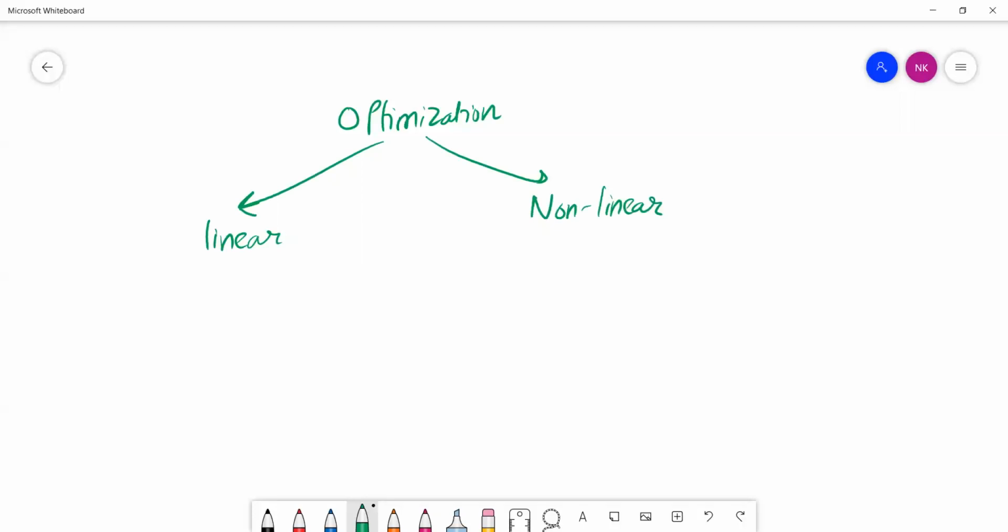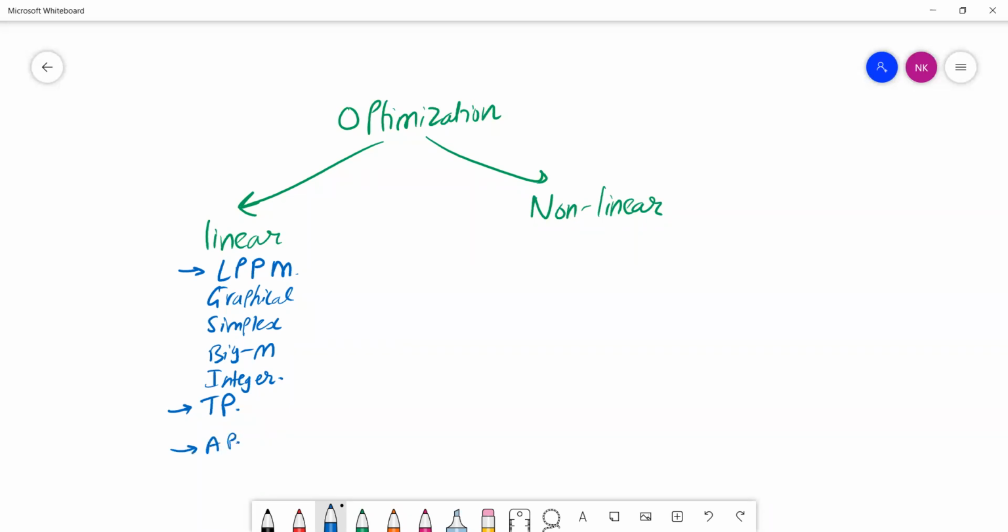In the linear optimization part, we have discussed the linear programming problem methods, which included the graphical method, the simplex method, the Big M method, and the last one was the integer problem methods. Then we discussed the transportation problem, and then the assignment problem.